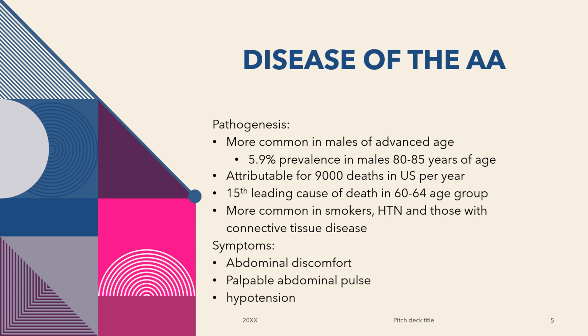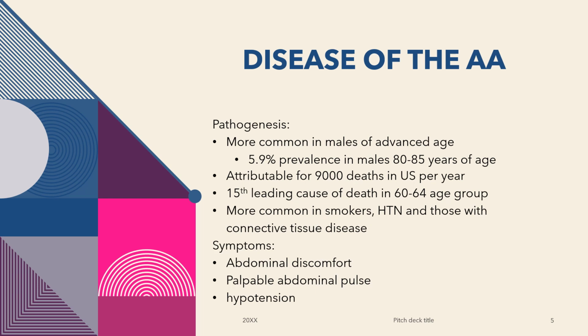So some of the symptoms of an abdominal aortic aneurysm would be abdominal discomfort or pressure. And then as a physician, clinically, you might be finding a palpable abdominal pulse. Now, this is something that we often see patients that are maybe young and thin directed to a sonography department for, because they find a palpable abdominal pulse.